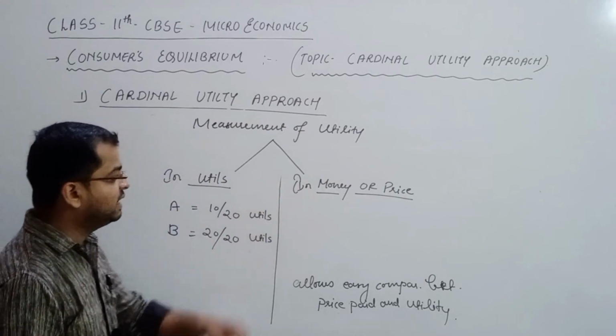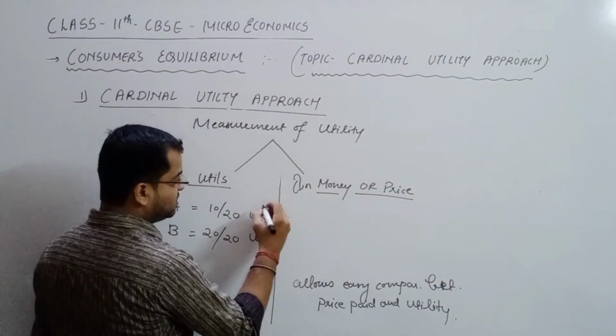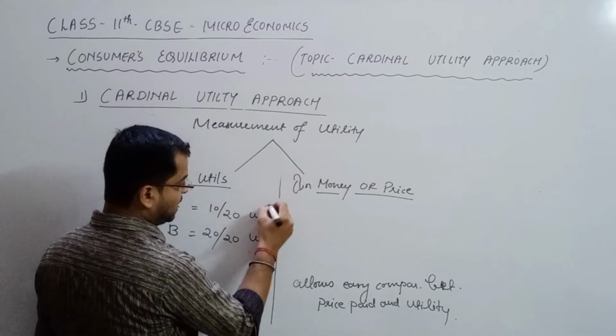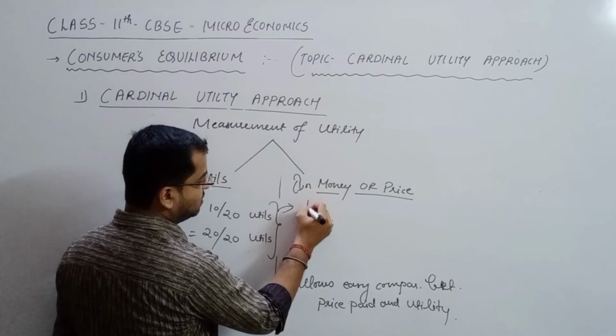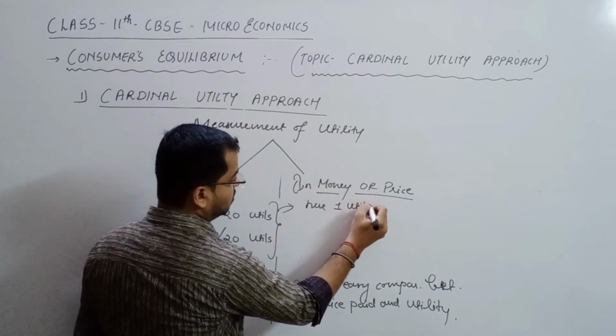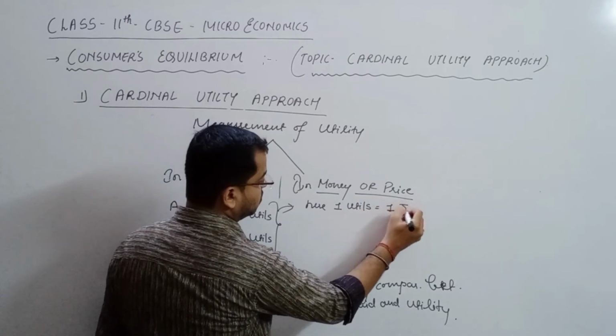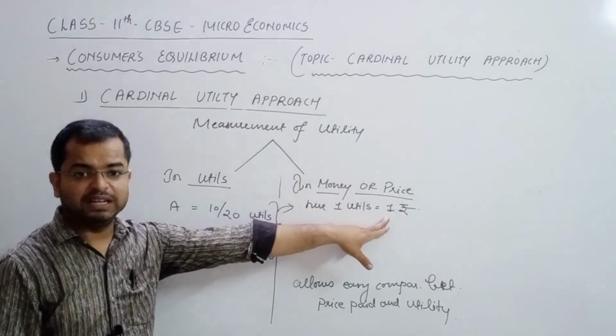Now for example, I will calculate utility in the form of money or price, and I will take the same example here also. I will take that 1 util is equal to 1 rupee. That means here I am calculating the utility in money form.